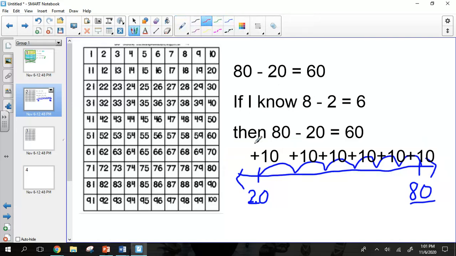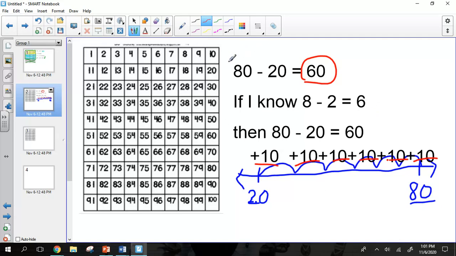So when I count those up, there's 10, 20, 30, 40, 50, 60. That again shows me the same answer, 60, because I jumped 10, 20, 30, 40, 50, 60. So that's one strategy. With the multiples of 10, it's so simple.